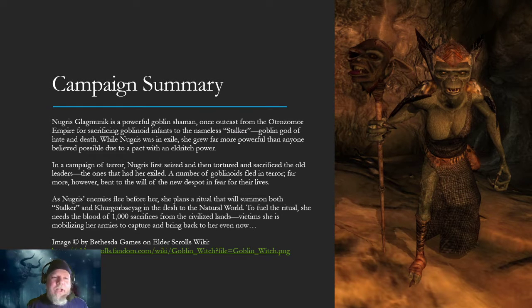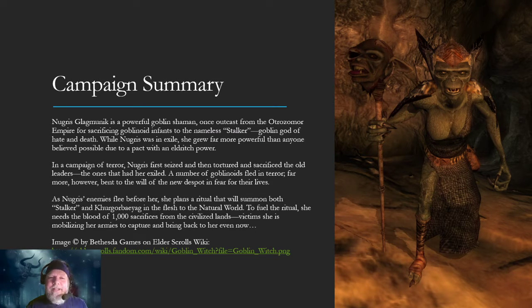Nugris Glagminic is a powerful goblin shaman, and she was once outcast from the Atrozomor Empire for sacrificing goblinoid infants to the nameless Stalker, the goblin god of hate and death. Yeah, Nugris, she ain't a very nice lady.